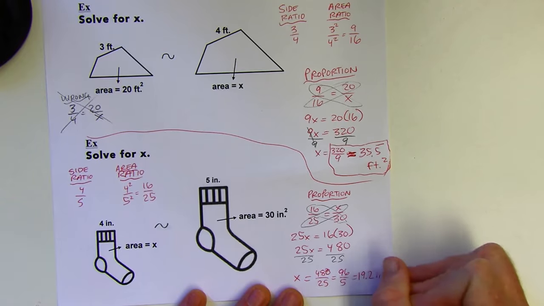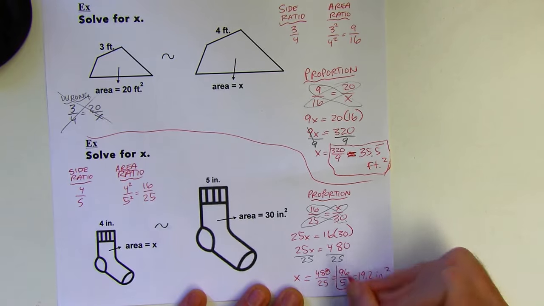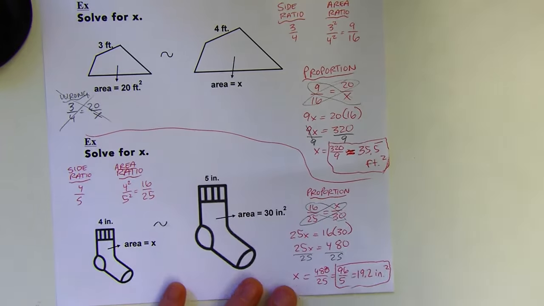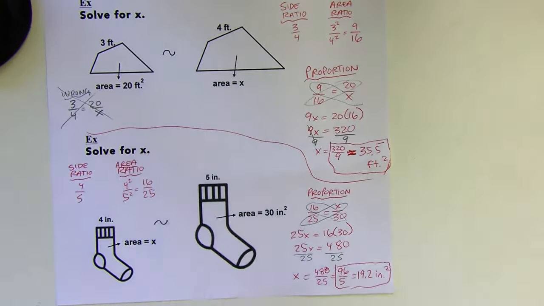I do want to put my units in there. So there's the fraction and the decimal version. I don't really care between those two personally, but if it's a fraction, it should be reduced.